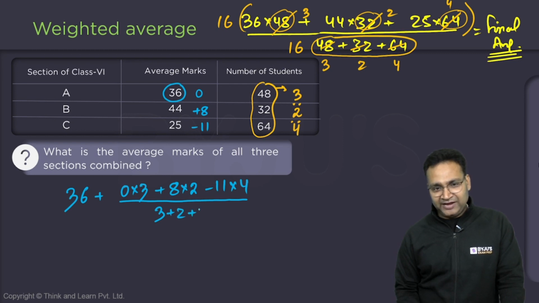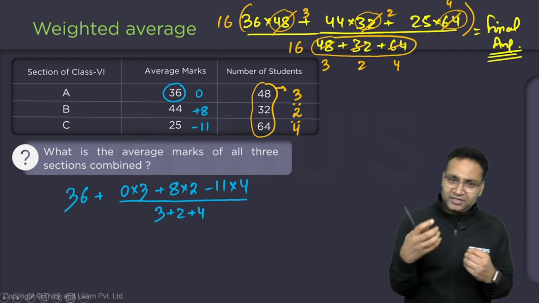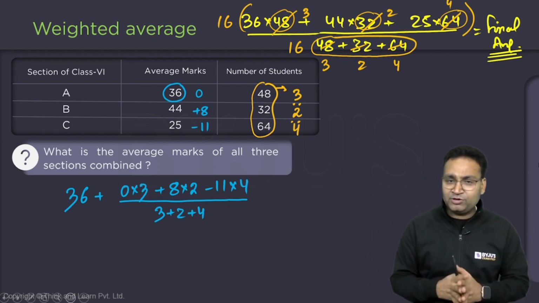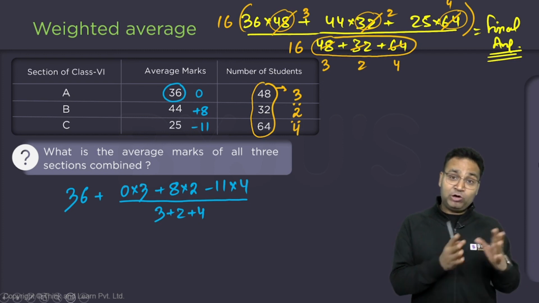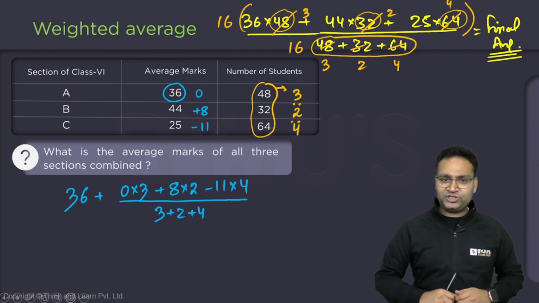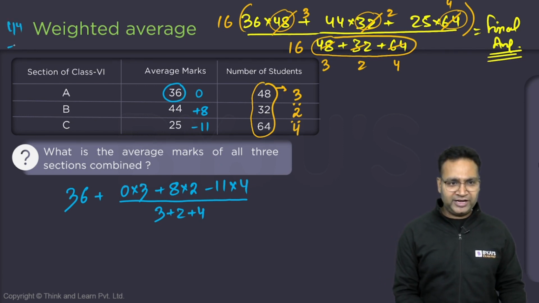Basically, I have taken double benefit. I have converted the big number of students into the simplest numbers, as well as I have used the method of deviation. So what is it? 11 fours are 44, 44 and 16, so 44 minus 16.